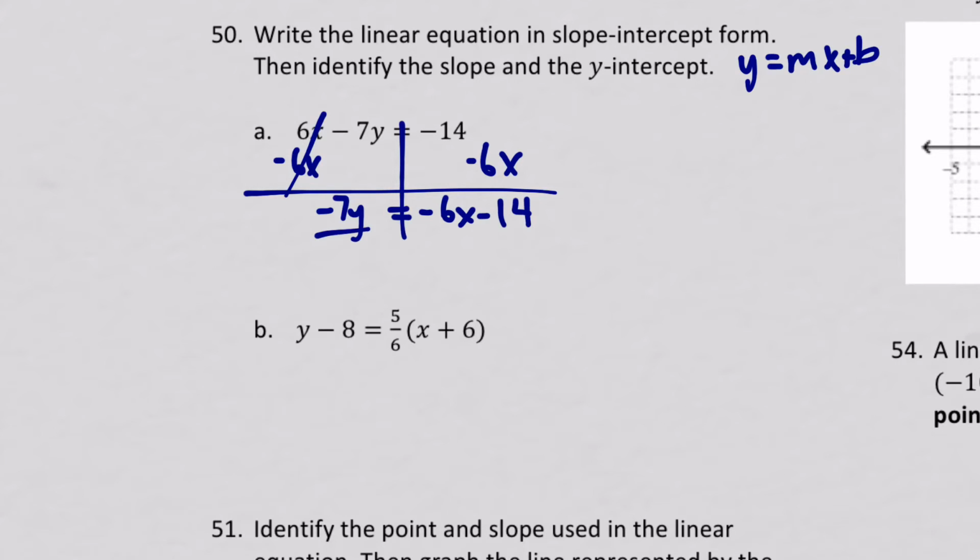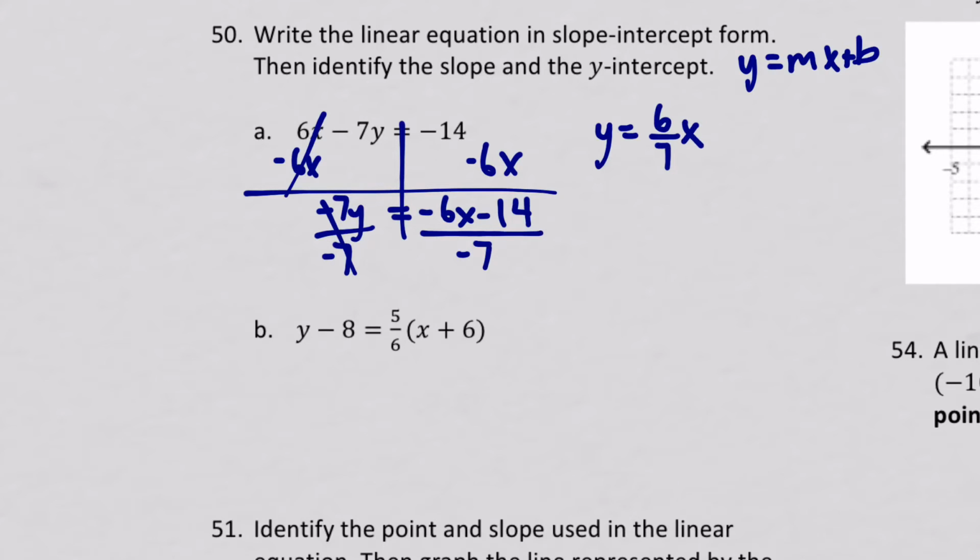And then you're going to divide by -7 on both sides. And so you will have y equals, now on the right side you have -6 divided by -7. Negative divided by negative will be positive, so it'll be 6 over 7. You can't really divide that, so just leave it as a fraction, but turn it positive because it's a negative divided by a negative. 6 over 7x.